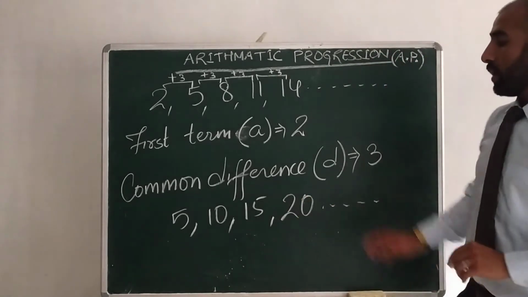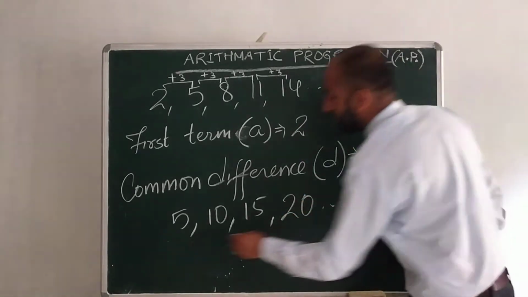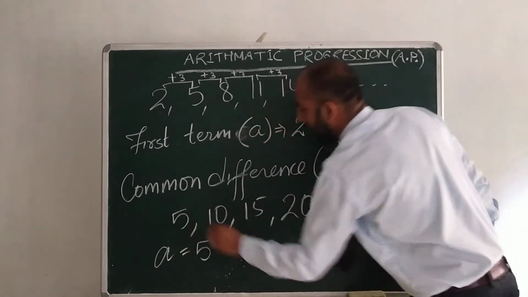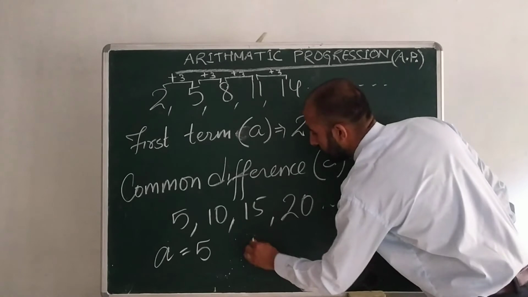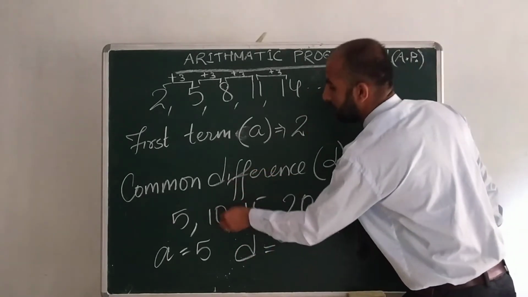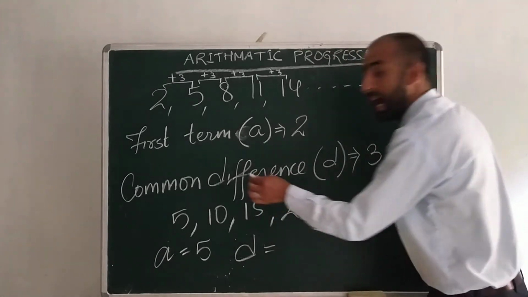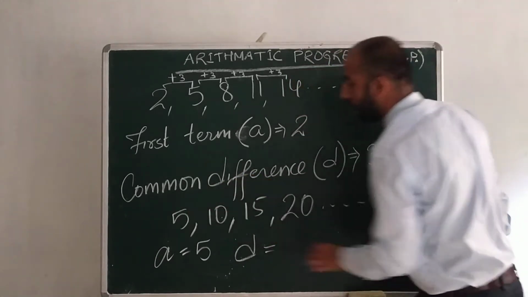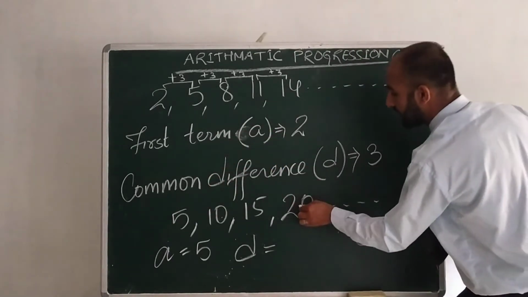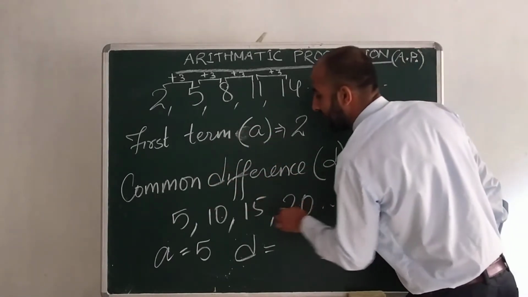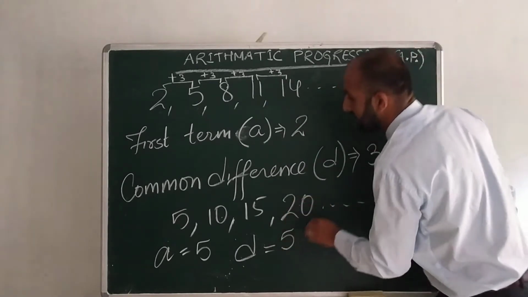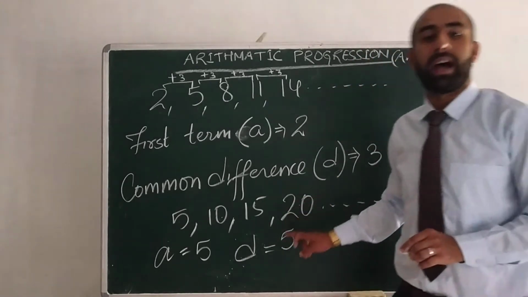In this case, what will be the first term? The first term, that means the starting term, will be 5. And what will be the common difference, d? Second term minus first term, that means 10 minus 5, or you can say 15 minus 10, or 20 minus 15, because everywhere the difference is the same, that is 5. So in this case, the common difference is 5.